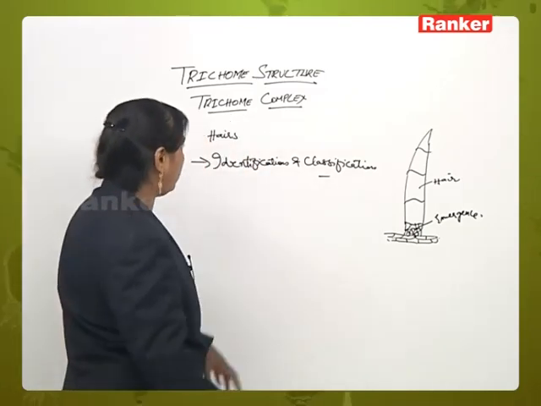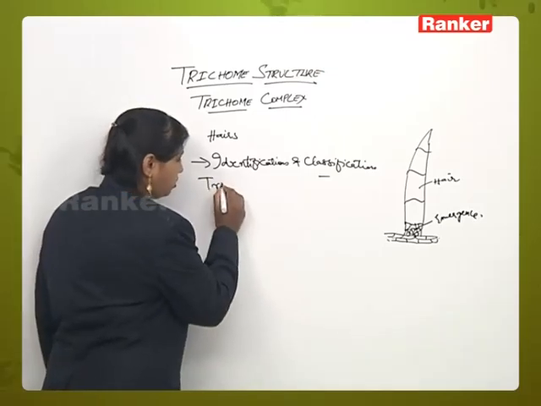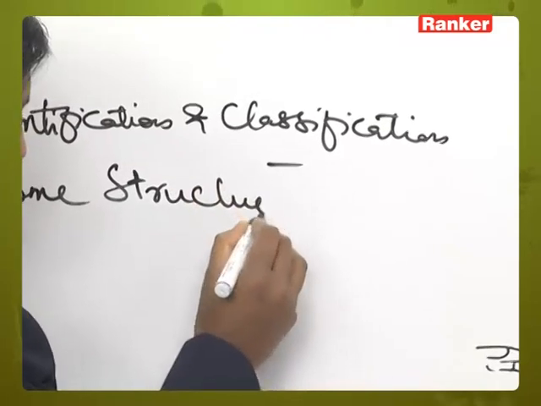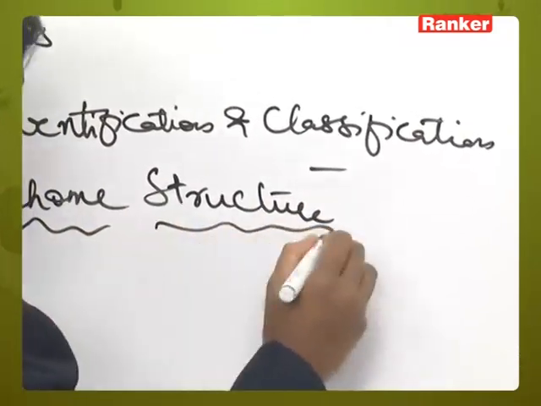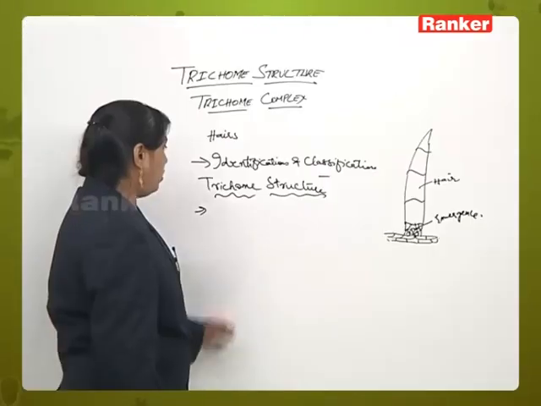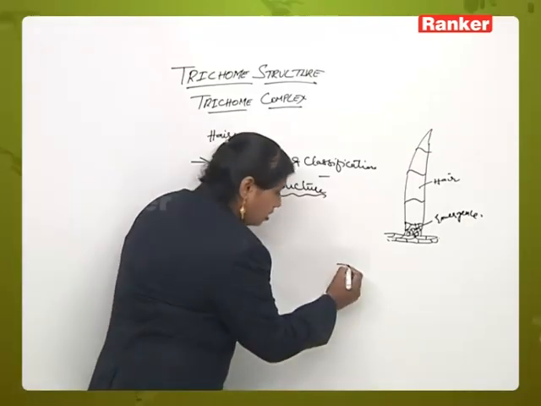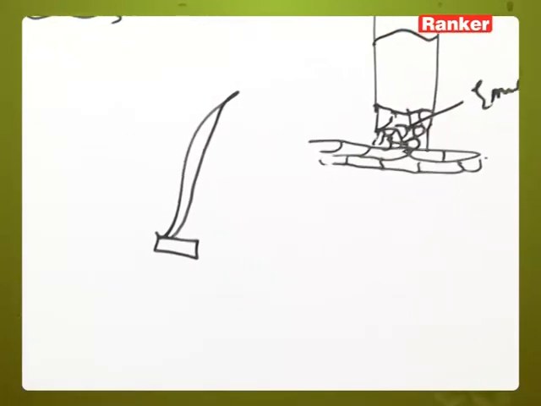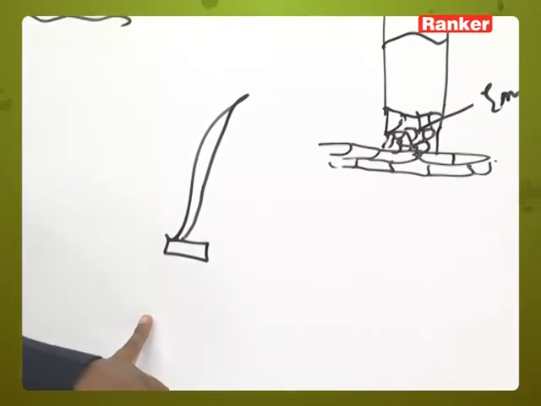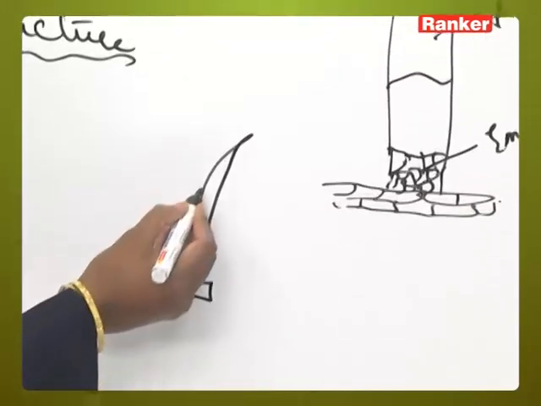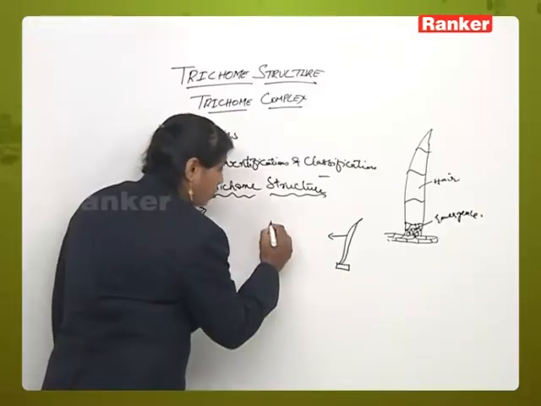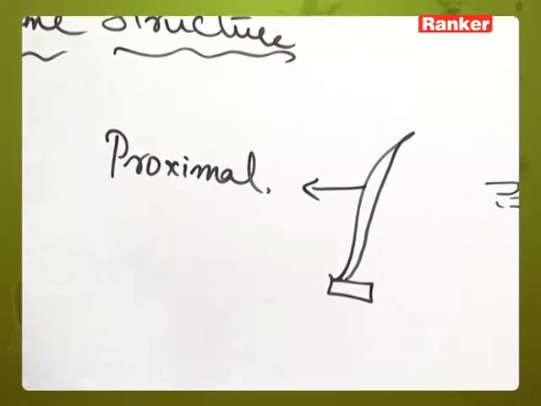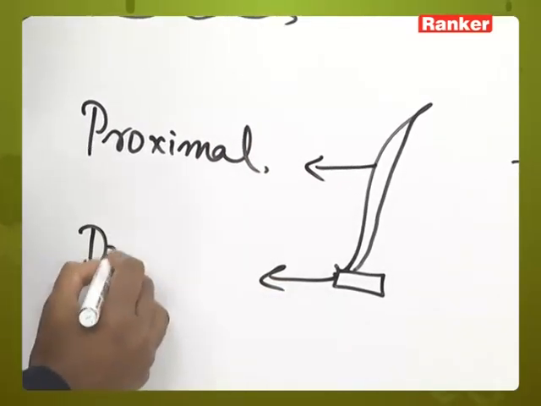When we come to the trichome structure, you can divide a trichome into two parts: a foot, the embedded part, and a head. You will identify the trichome as a proximal part and a distal part.